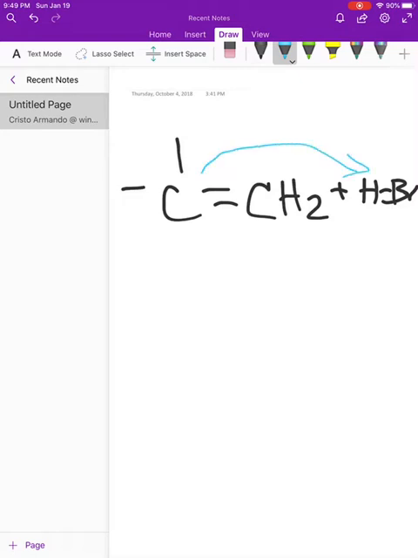The bond is gonna grab the hydrogen. This bond is gonna go to the bromine, and the major product intermediate is going to look like this.